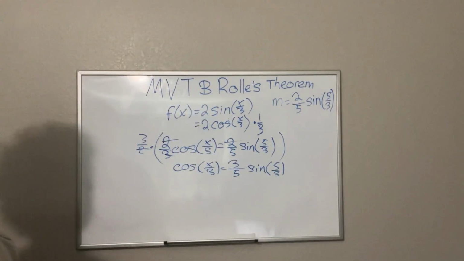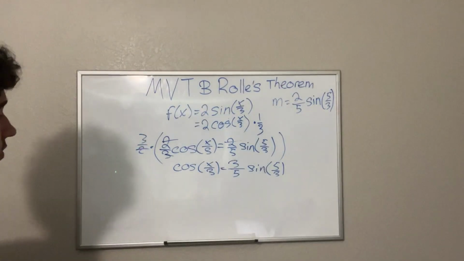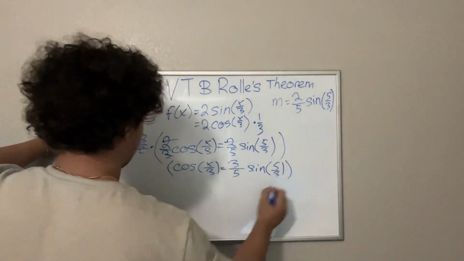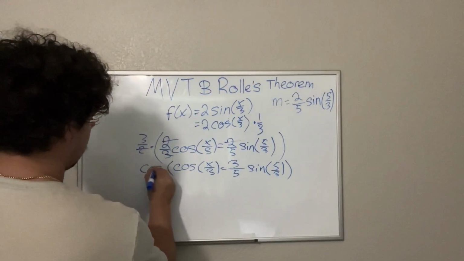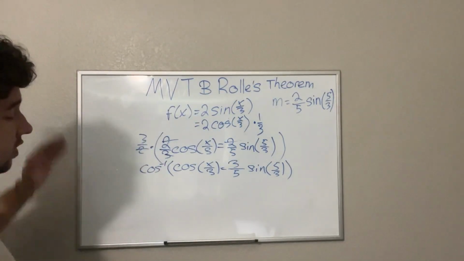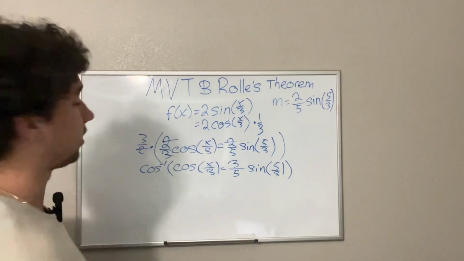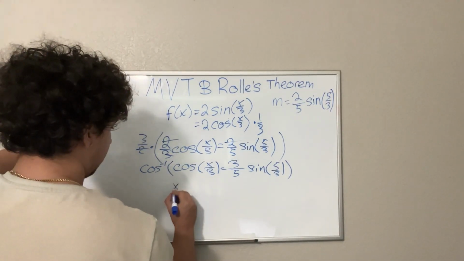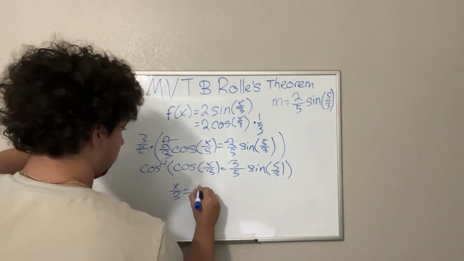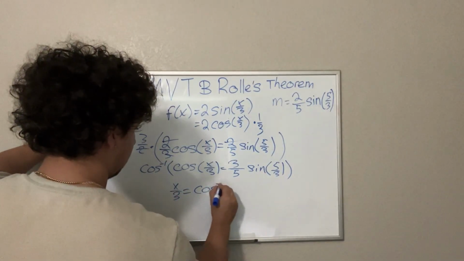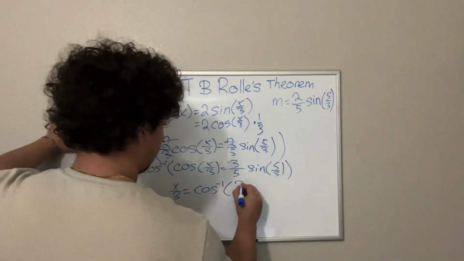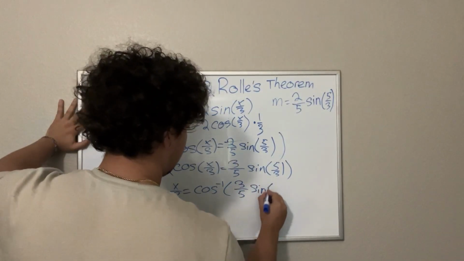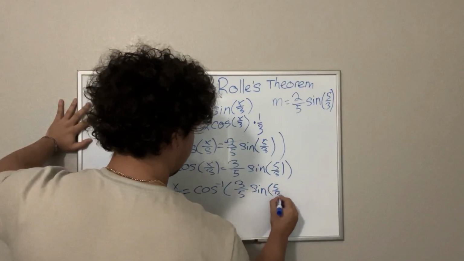All right. Well, now what do I got to do? Now what I've got to do is take the inverse cosine of everything, because whenever you take the inverse cosine of cosine, it gives you theta, the value in between, which is what we're trying to find. So now x/3 is equal to the inverse cosine of 3/5 sine of 5/3.